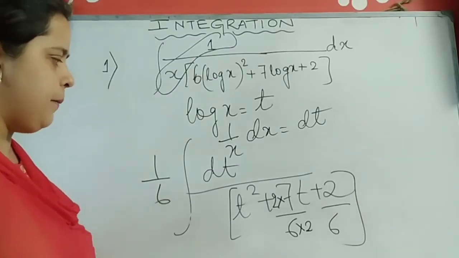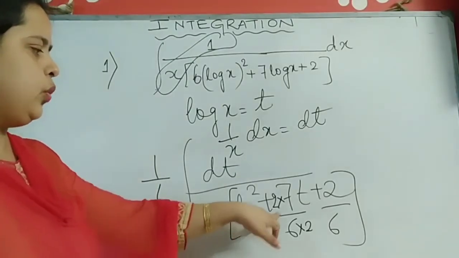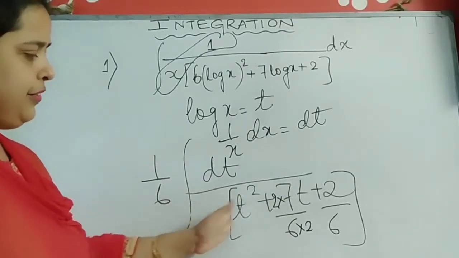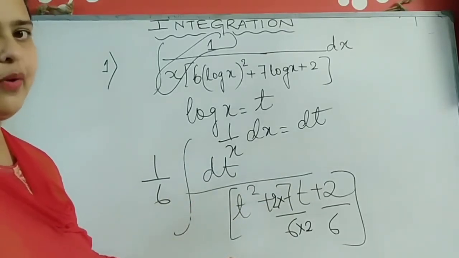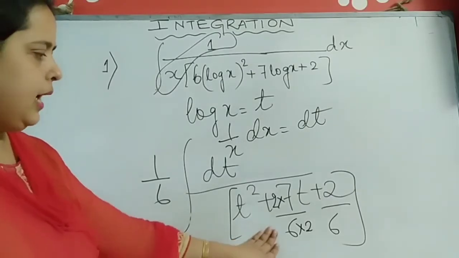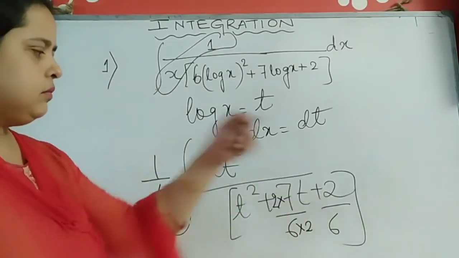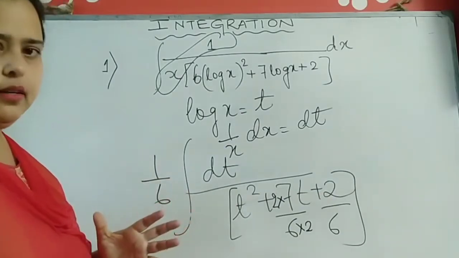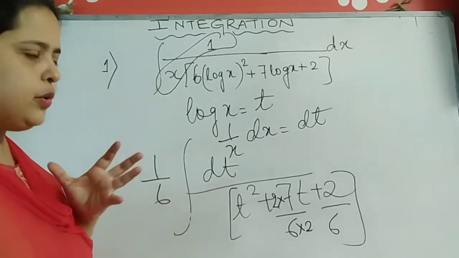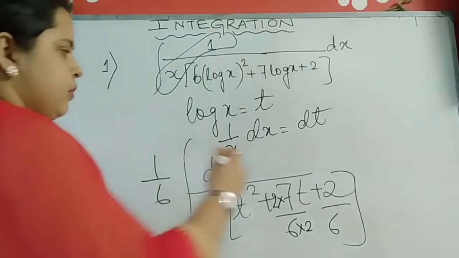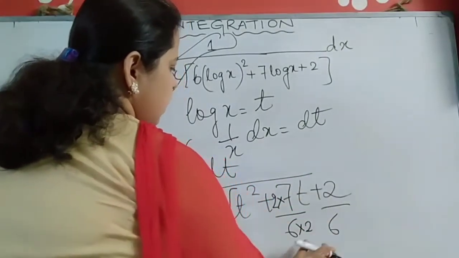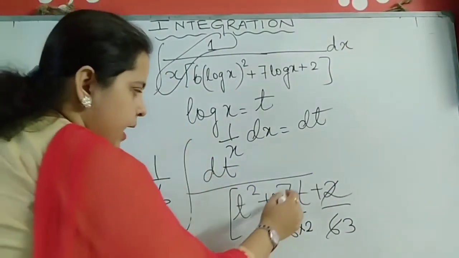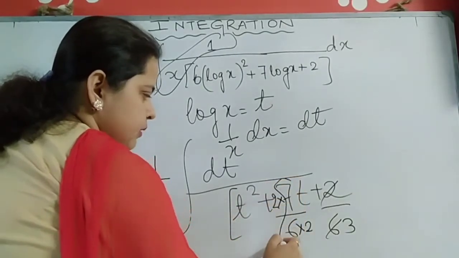So how does it become? t square plus 2ab, consider it like that. But again there is a problem: we do not have the third term, that is the b square term. I have a square term, I have a 2ab term, I don't have a b square term. How to manage that one? Look and focus on this particular point.